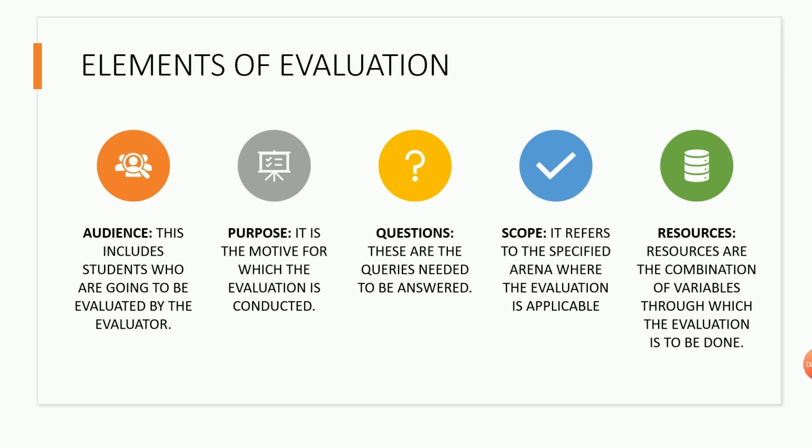There I want to evaluate and analyze how they are performing or how they have grasped the knowledge. Then similarly for CIA 2, I am planning to evaluate the remaining units. I won't be focusing on the previous units. So scope is which part I am going to evaluate.